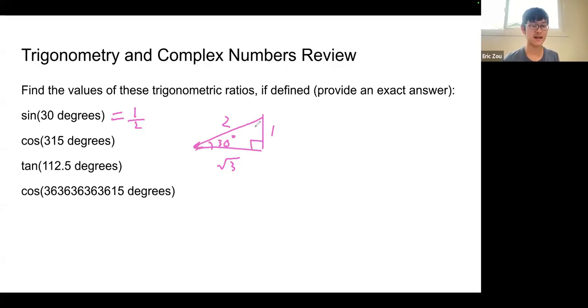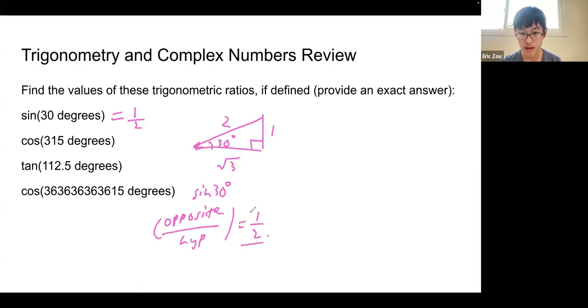So sine of 30 degrees, SOHCAHTOA, is opposite over hypotenuse, which is 1 over 2. All right, so this one's half.